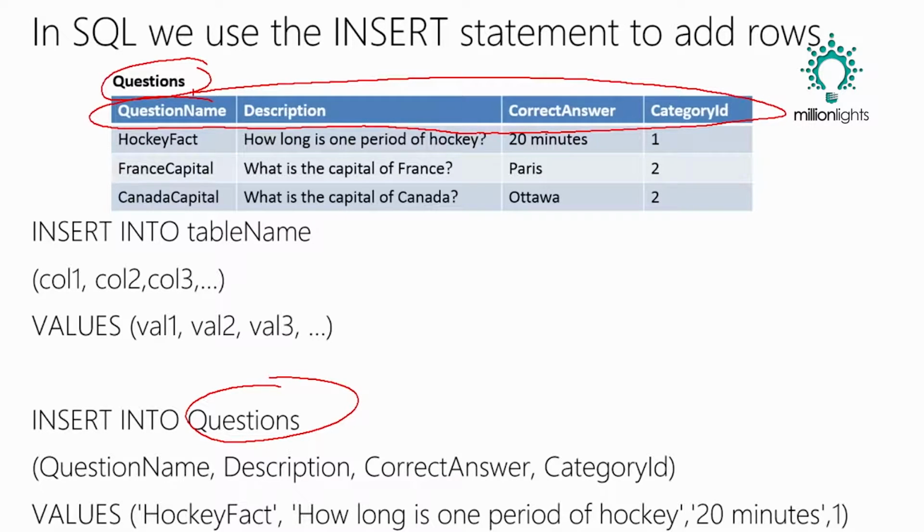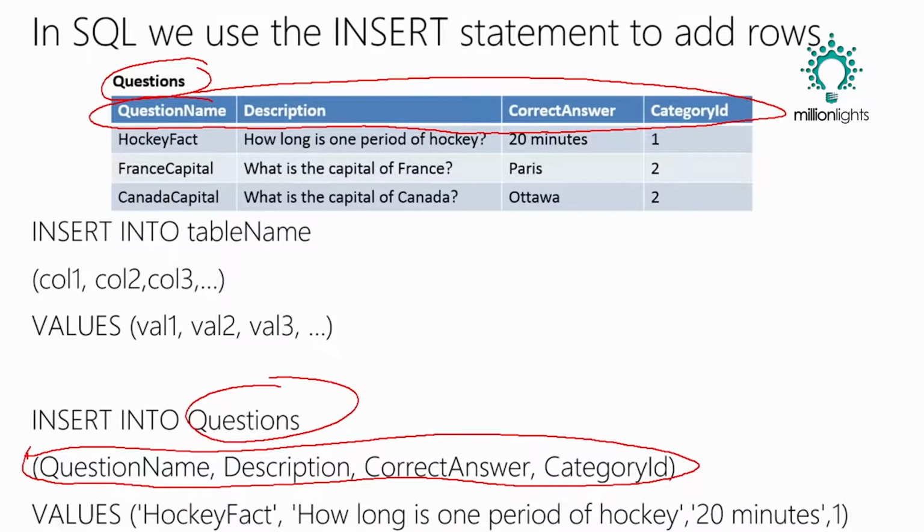Why do we list the columns? Because that way when we see the different values below, we know that hockey fact is the value that goes in question name, and how long is one period of hockey is the value to go into description. So this basically tells it what order we're providing the values in. That's the basic syntax of an insert statement.